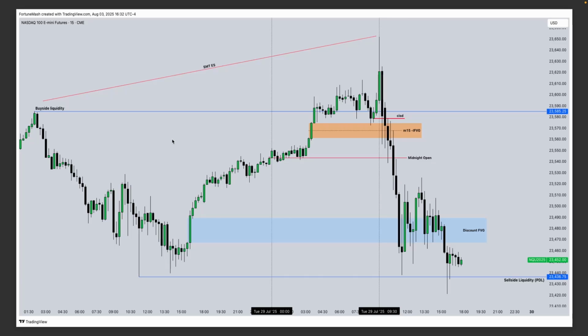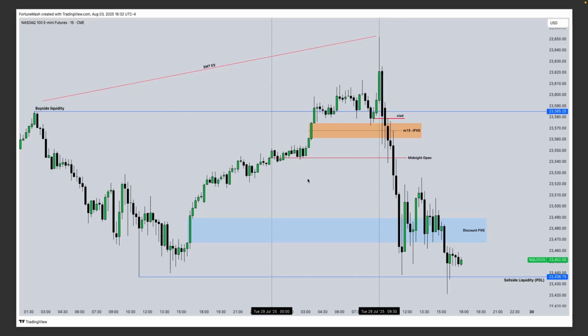So now we are starting with this example, which I would like to believe also formed a bit recently, 29th of July. So think of the power of three, midnight open, price just created this accumulation phase, took out the buy side liquidity, and after, I did alert everyone on the Discord that price should continue lower after we took out the buy side liquidity because of this SMT formation.